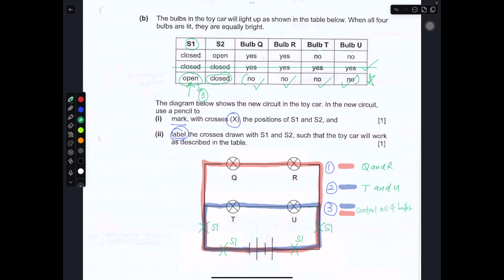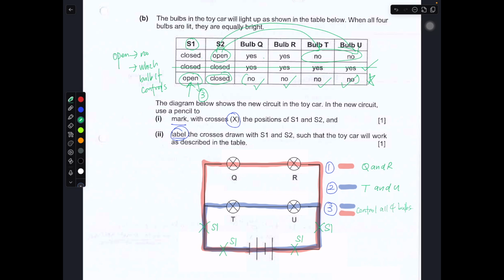So the trick over here is to look at the open switch, because the open switch, you look at the bulbs, tells you which bulbs it controls. And you notice that this S2 will control these 2.